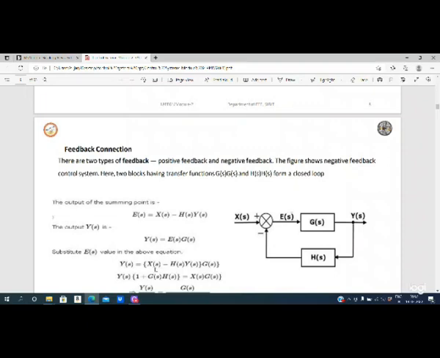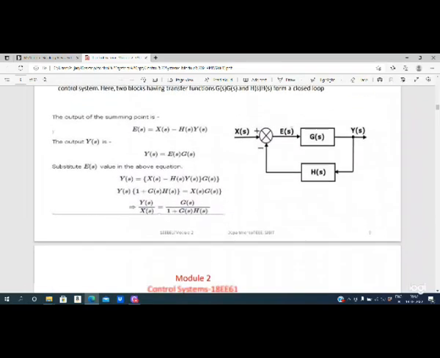So Y(s) is equal to, what is E(s)? X(s) minus H(s) into Y(s). That has to be multiplied with G(s). So Y(s), we are going to take common, whatever Y(s) terms we have. So Y(s) into 1 plus G(s) into H(s), I have taken this term to this side, and X(s) into G(s) you are going to get.